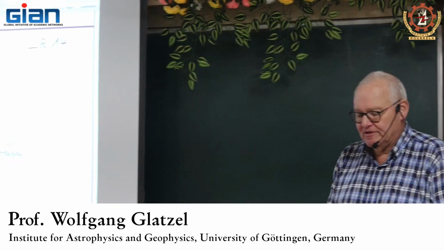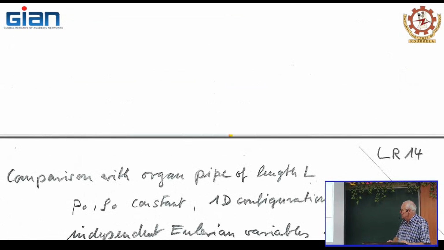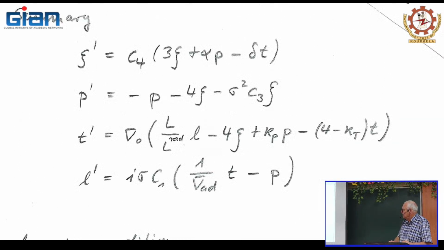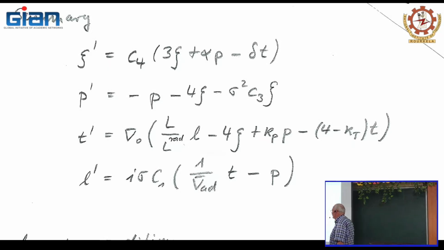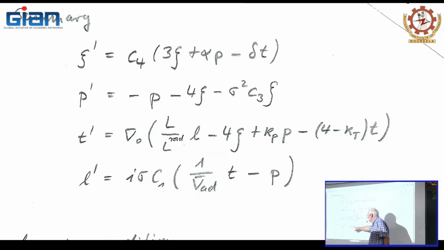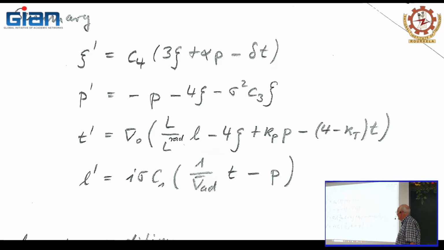After some manipulations which were done in order to enable a convenient numerical treatment of this system of equations, we were left with this fourth order ordinary differential system containing the eigenfrequency, which denotes the time dependence of our perturbations, and coefficients which depend only on the spatial variable and contain, so to say, the information on our background model or on our hydrostatic model.